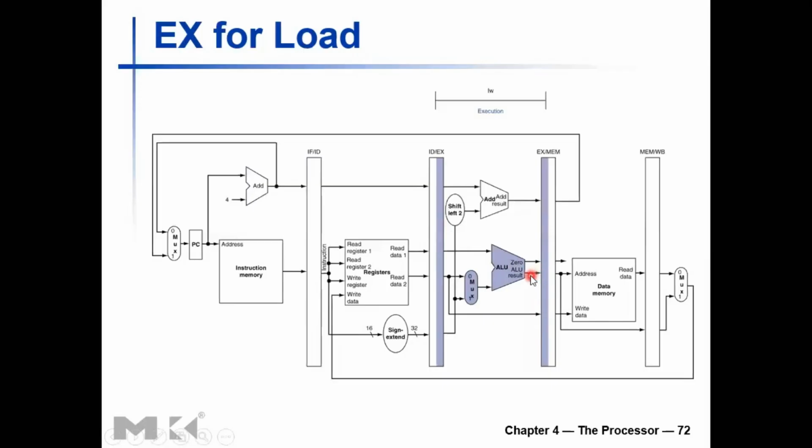Then the address is now available after a set of delays: writing and reading of the pipeline register, multiplexer, ALU operation. And ALU operation consists of adder plus whatever the other multiplexers and other combinational logic you have in there. And after all those delays, the new value is updated here in this set of lines, right?